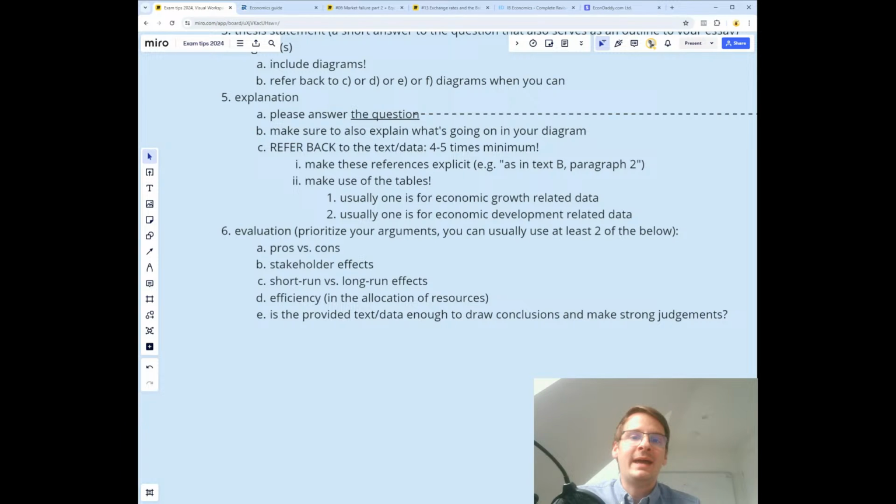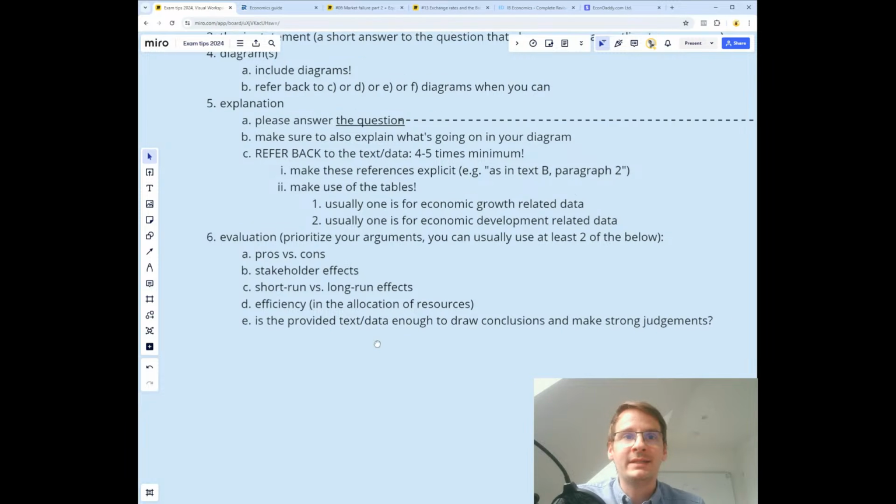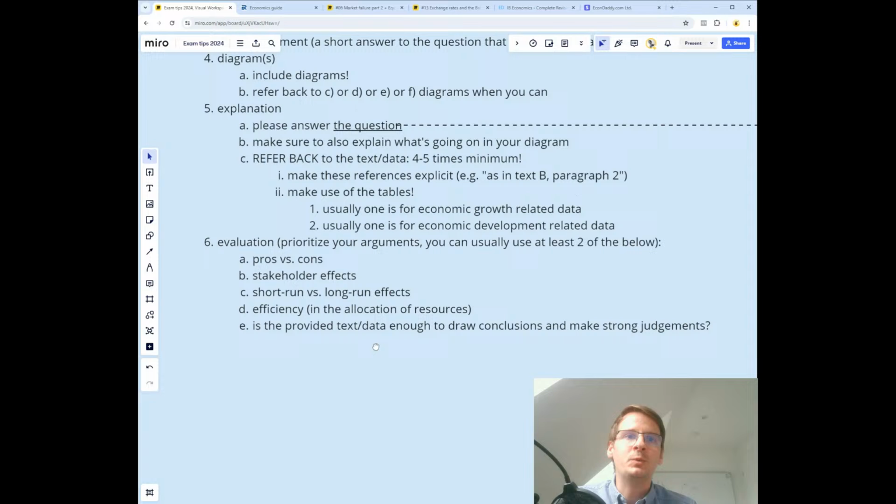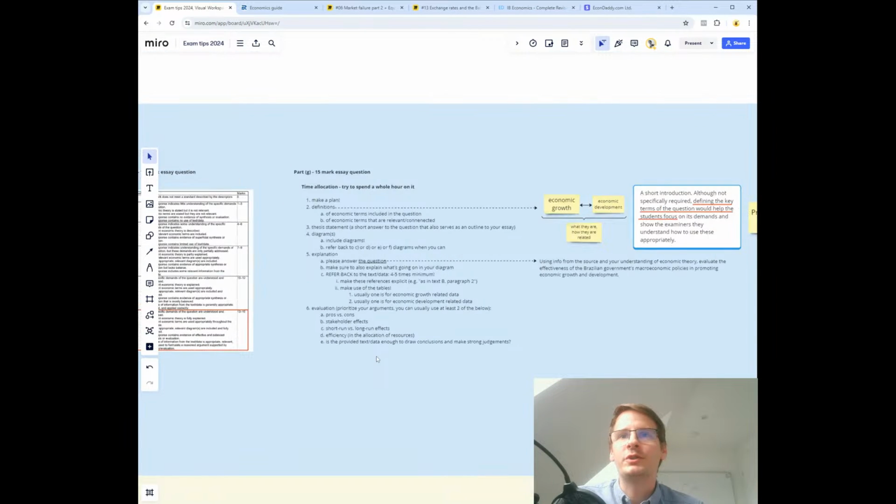So then we need estimations about how much it would cost. If the source you're given does not include that data, then it's going to be hard for you to make a well-established judgment about that, so that you can refer to in your evaluation as well. And I think that will make it super, super strong.